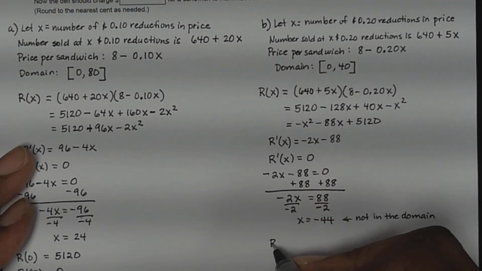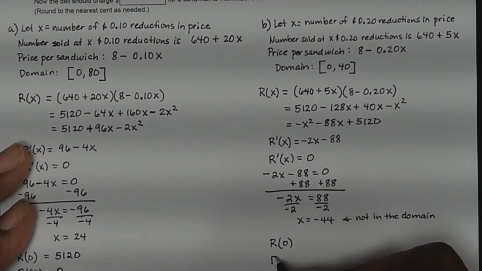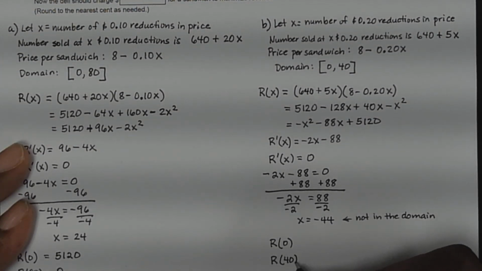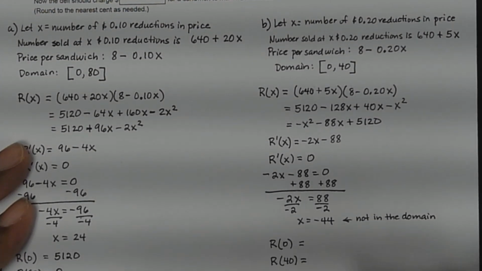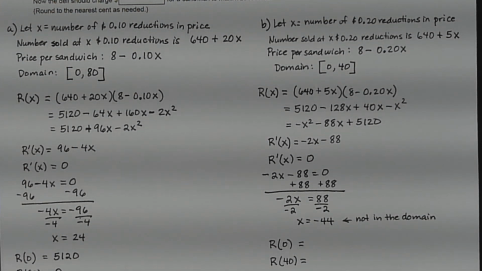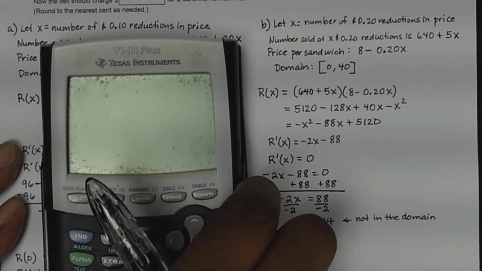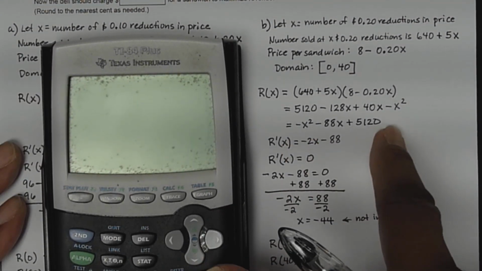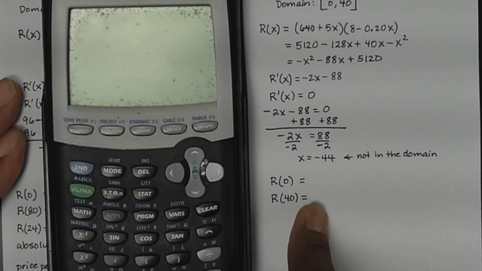So I need to find out what R of 0 is and R of 40 is, and that will tell me which one is going to be my absolute maximum. Using the R of x function, I'm going to substitute each x with 0.